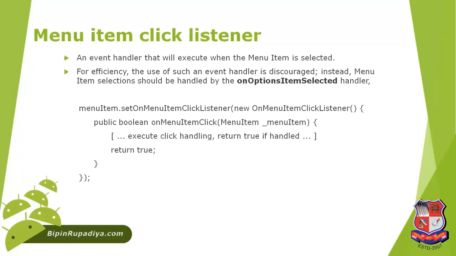They also provide one other option, that is setOnMenuItemClickListener, but it will degrade the performance of the application. So the developer community suggests that these two methods, onOptionsItemSelected or onContextItemSelected, should be utilized. But in the case where you want to utilize this, you can.